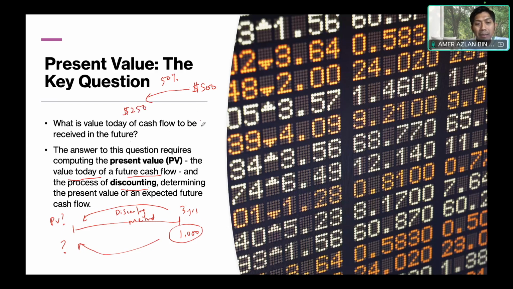So the same thing applies here. When the original value is 500 and it is discounted at 50% in the sale, then the value of the cloth will be 250. This is what we call a discounting method, and this is why we calculate the present value.